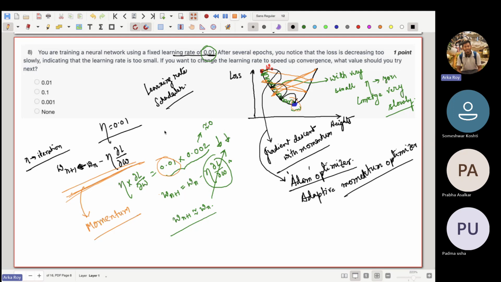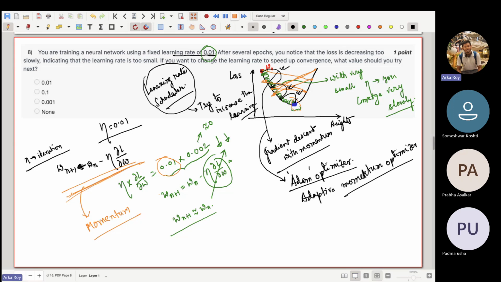If you are using simple gradient descent, and you have put a very small learning rate value, you can see that you take a miserably high amount of time to reach the global minima. How can you tackle this problem? You put a learning rate scheduler over there and try to increase the learning rate. Because if you increase the learning rate, then your step size will become high.